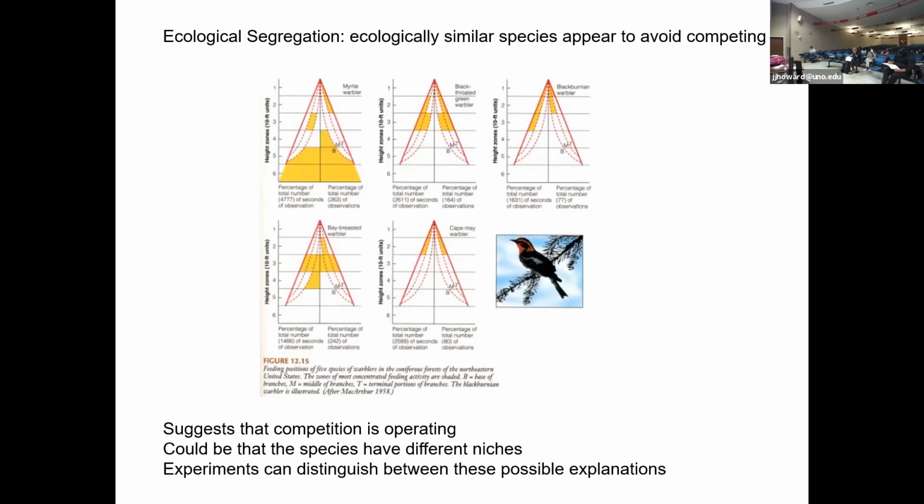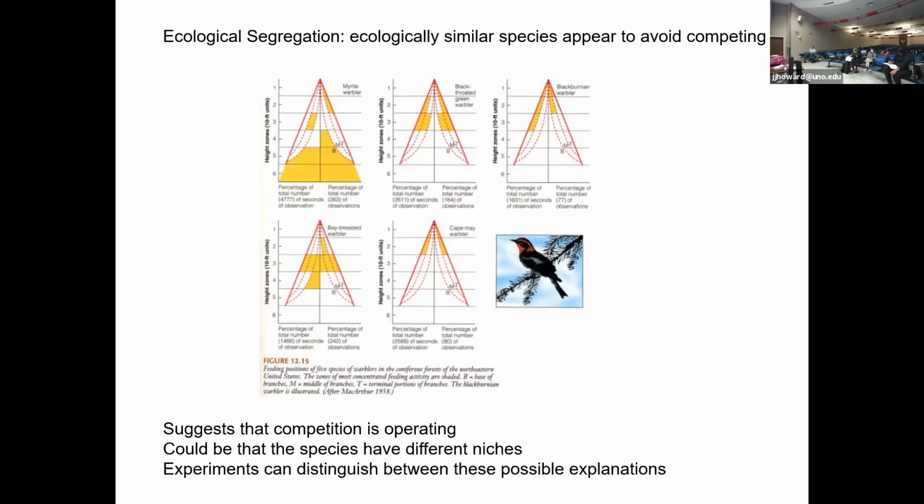Okay, so there's an inherent ambiguity in what we see in nature because we don't know why we're seeing what we're seeing. It could be that each species is excluding the others from a portion of their niche. Or it could be that their niches are just different anyway. So when we see this pattern where different species are occupying different areas of habitat, we call it ecological segregation.